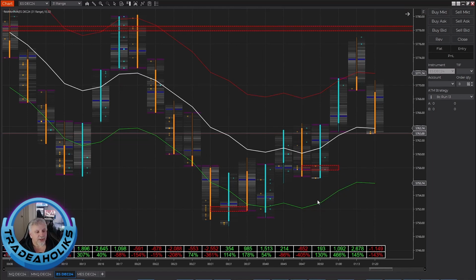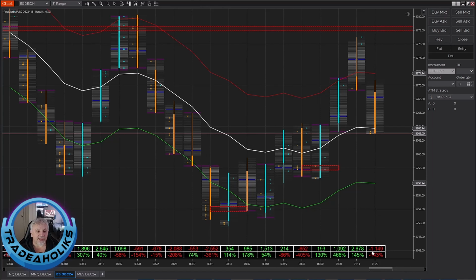Okay, so how I use it is I look at the delta. I've done some testing, I've taken some stats. Now, generally, when you get such a strong negative delta, say over 600, so when you get over 600 delta in these boxes, that candle will usually finish that color.